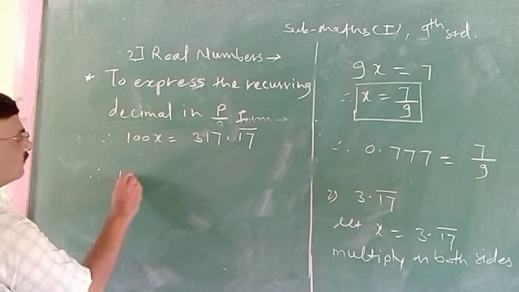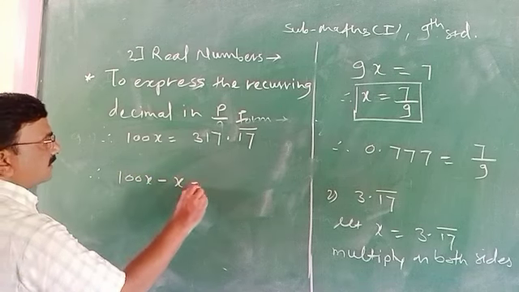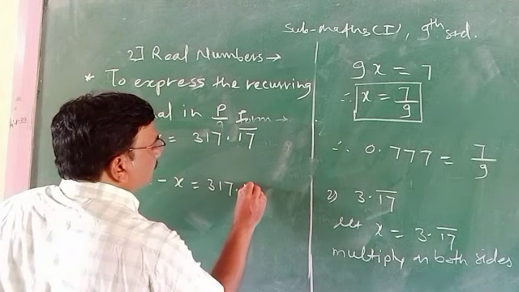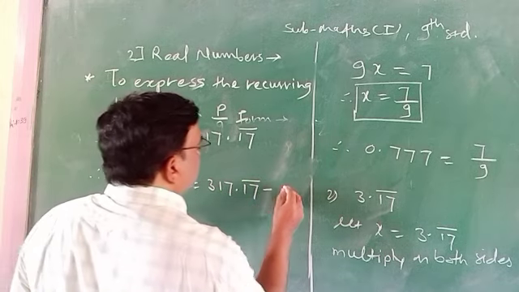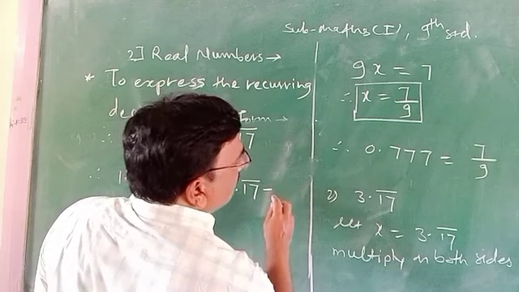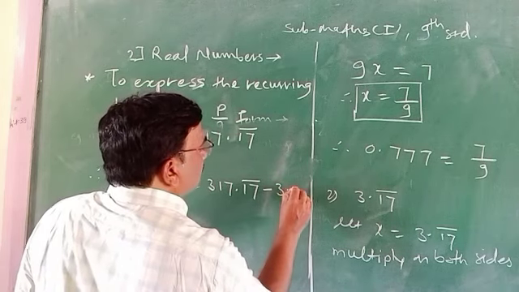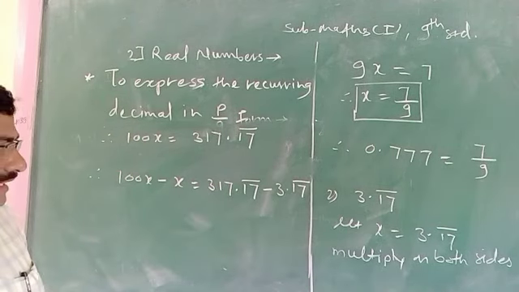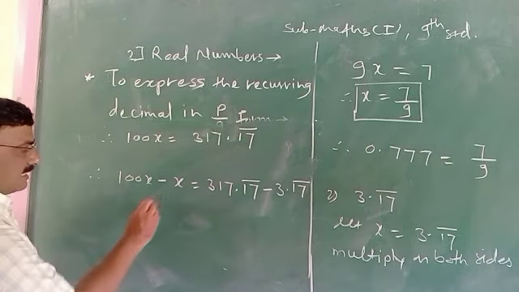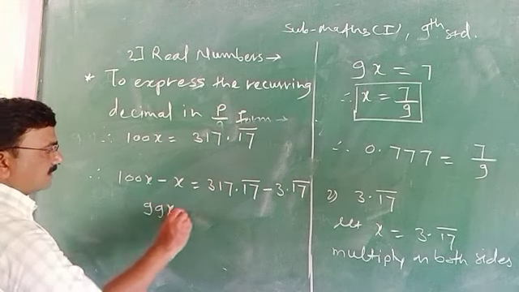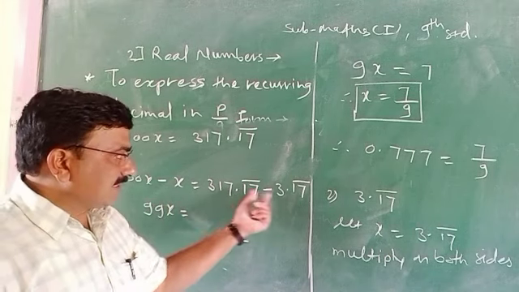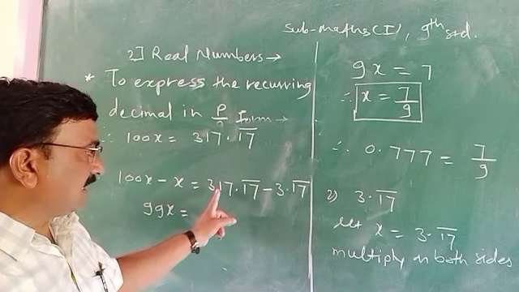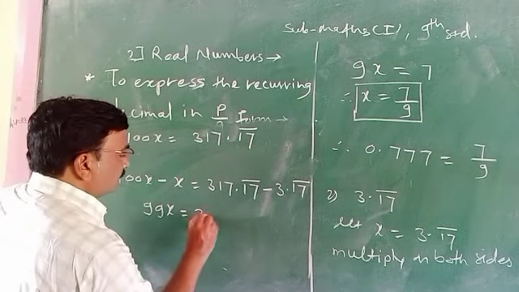Therefore 100x minus x is equal to 317.17 minus 3.17. Then 100x minus x, 99x, is equal to, as the bar 17 vanishes, subtracting 3 from 317, that is 314.